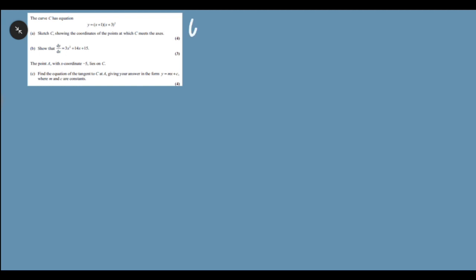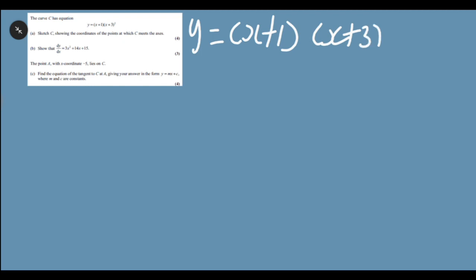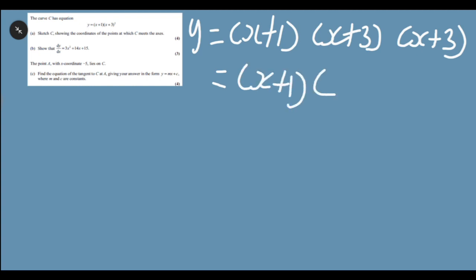So that is y is equal to (x plus 1)(x plus 3)(x plus 3). So we're going to do (x plus 3) squared first. So that would be x plus 1 here. And then x times x is x squared. Plus 3x plus 3x would be plus 6x. 3 times 3 is equal to 9.